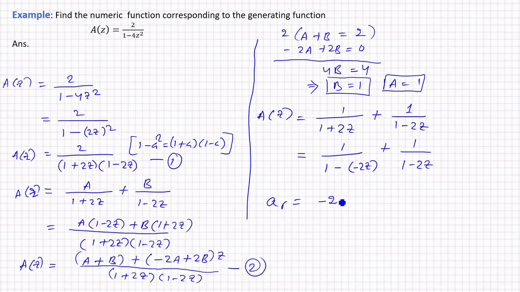It can be written as 1 plus x, that is minus 2z, plus minus 2z square and so on, minus 2z to the power r.